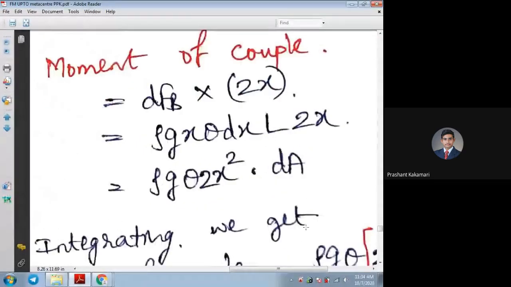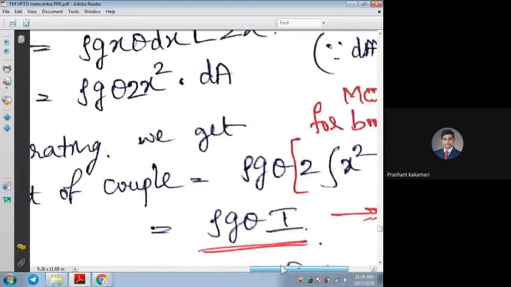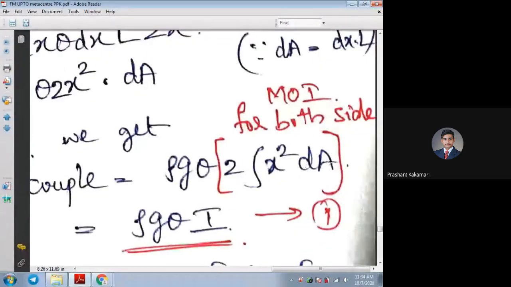Then you can integrate. After integration, this equation can be considered for the couple. See here, rho g theta, integration of 2 into x square dA. This is nothing but the moment of inertia on the top surface.